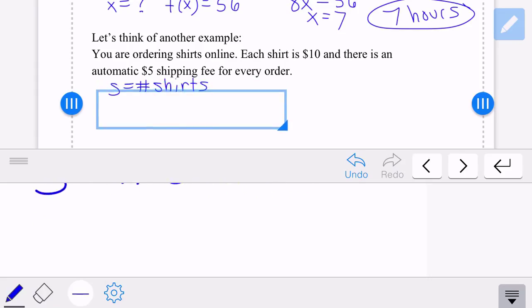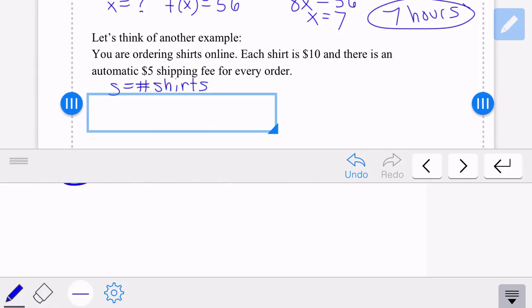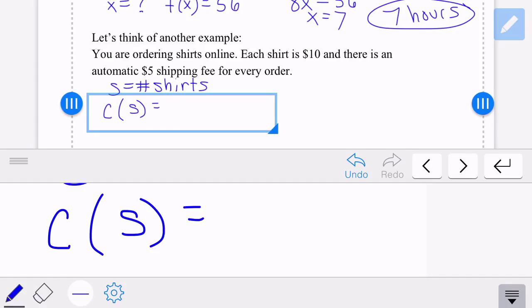Okay, and let's say c for cost. So c is our function, and we're doing c of s. That should be the cost of the order, okay? Now, what would that be equal to? How would we calculate the cost of our order?